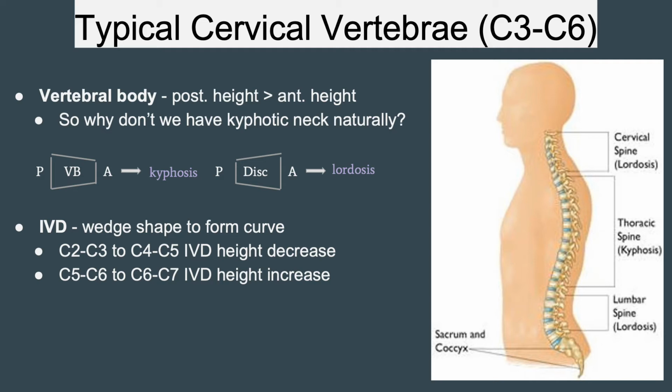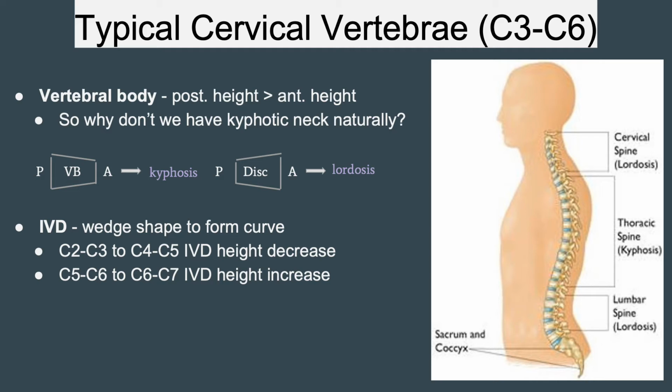So from the diagram, my little PowerPoint made diagram on the left, their posterior height is greater than their anterior height. So if you have a bag of bones and you try to stack those bones on top of one another, they kind of tilt forward and they would create a kyphotic curve naturally.